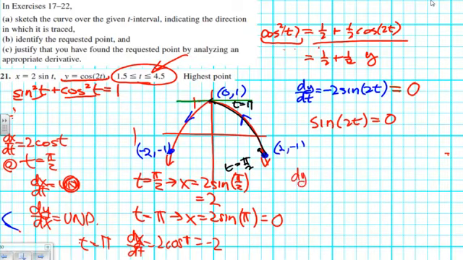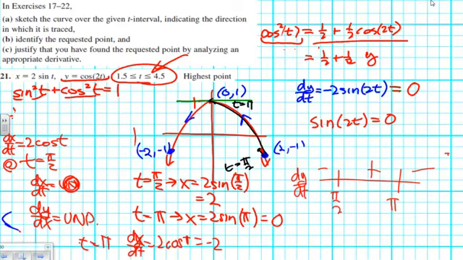So dy/dt does have a 0 at pi over 2. It does have a 0 at pi. On this range, negative sine 2t is negative. On this range, it's positive. And on this range, it's negative.